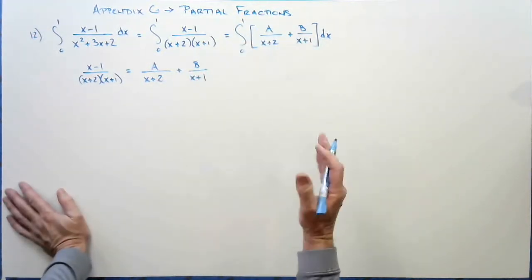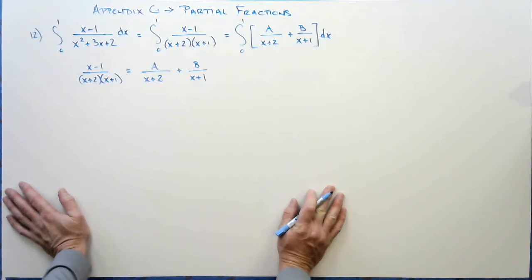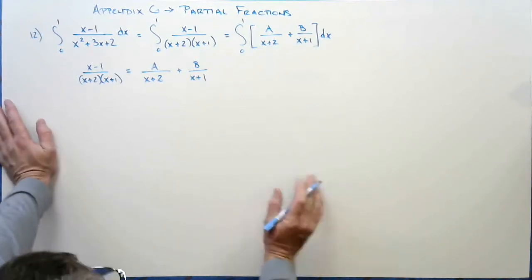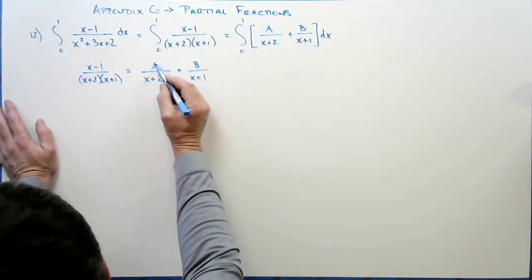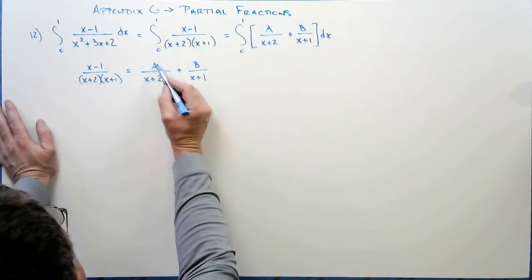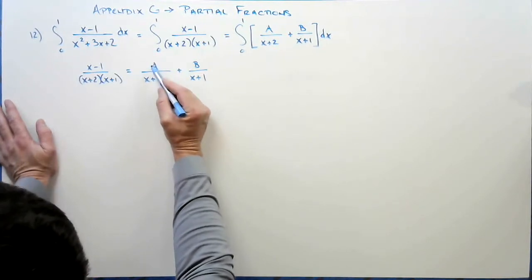We use A, B, C, our capital letters typically, to represent these constants. This is linear, so this is a constant. This is degree 1, so this is going to be degree 0.